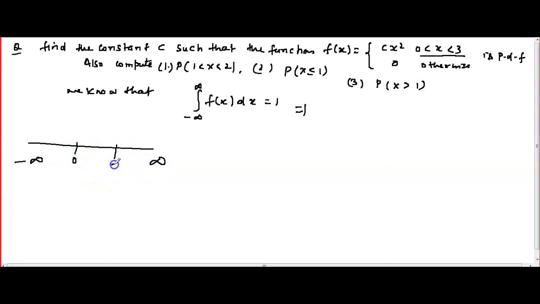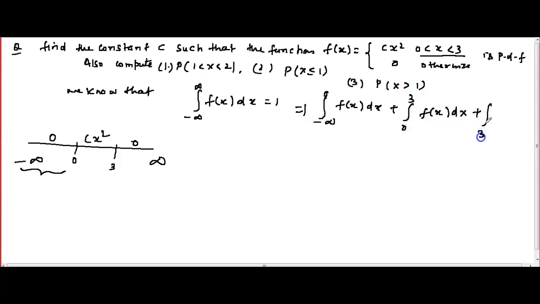From 0 to 3 the value is c x square, and apart from that the value is 0. So if we break it up: minus infinity to 0 f of x dx, plus 0 to 3 f of x dx, plus 3 to infinity f of x dx is equal to 1, right?